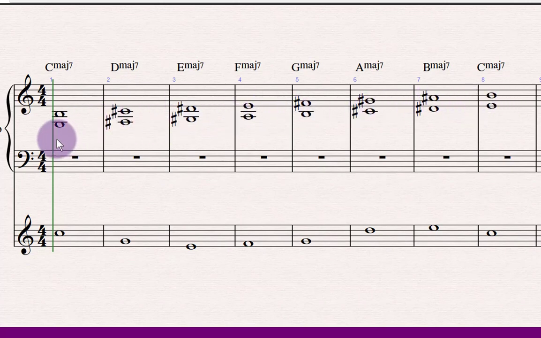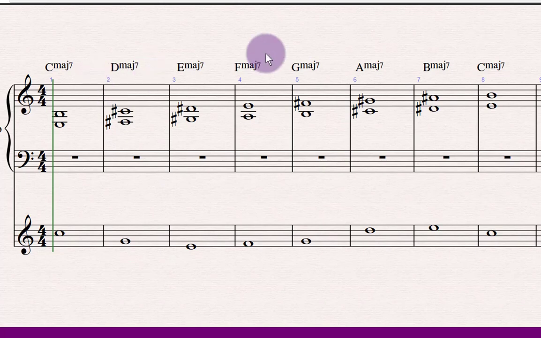So I've omitted the root and the fifth, right, so you can just hear better. So you've either got the root of the chord, right, against the major seventh, which is called a minor ninth interval, or you've got the fourth of the chord, like this G here, against the third, which is this F sharp here, look. So this G, and that's causing a minor ninth interval, right?